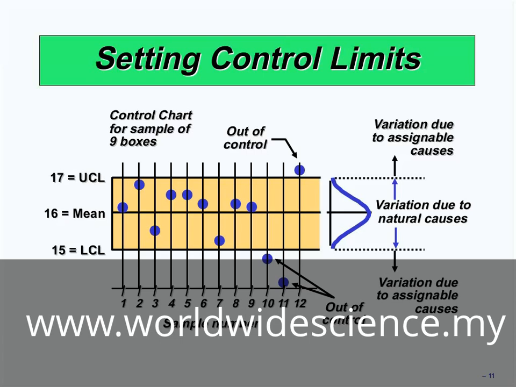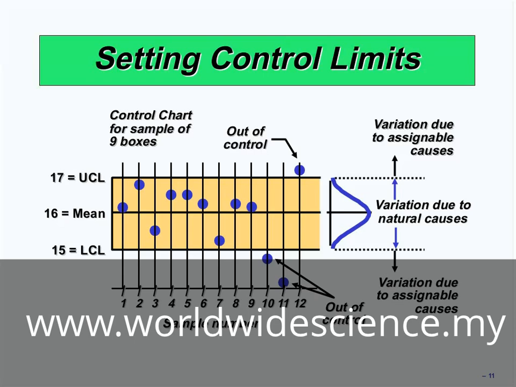Now we should draw the chart. The chart has two axes, a coordinate system. The vertical axis is the mean, the x bar. The horizontal axis is the sample number or sample hour, the number of the hour you have selected as a sample. It's a standard for all x bar charts.